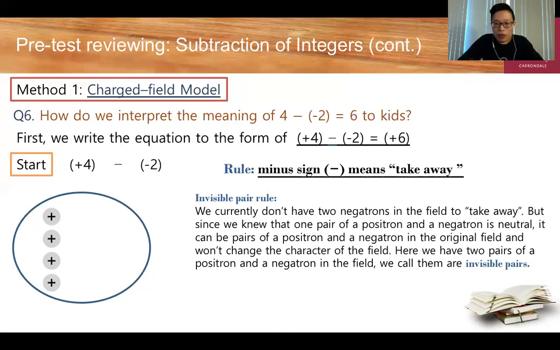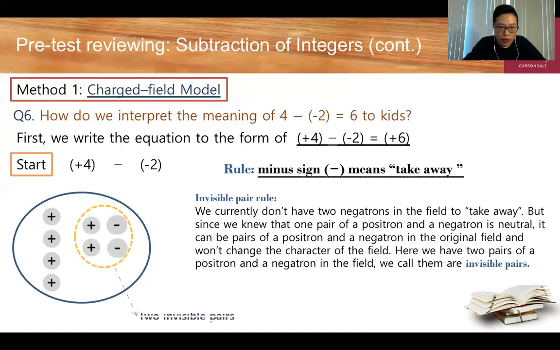So back to the question. We don't have two electrons in the field, okay? So according to the rule, I will just show two invisible pairs in the field like this.